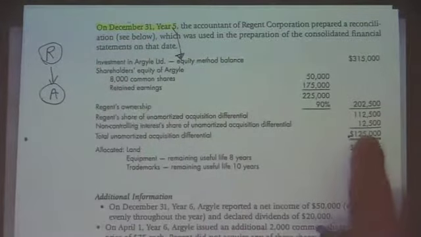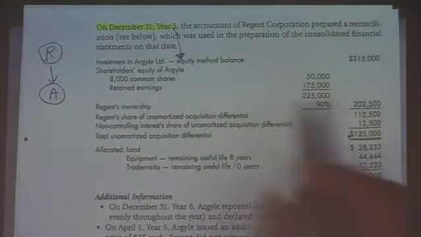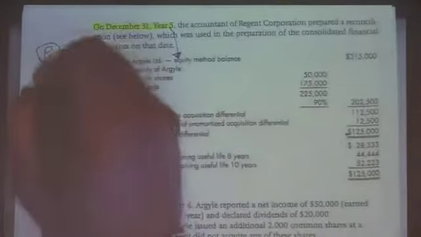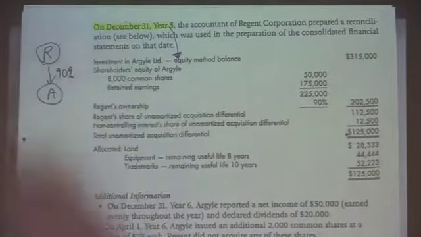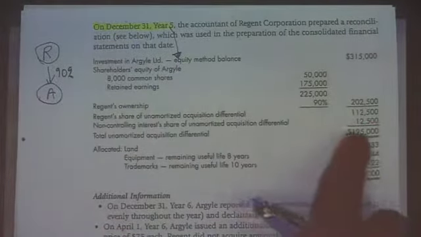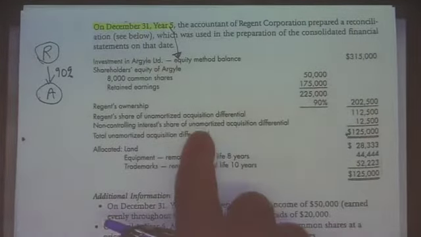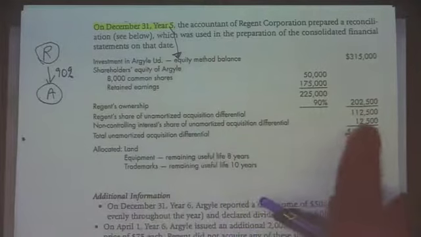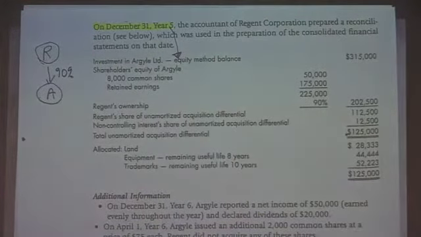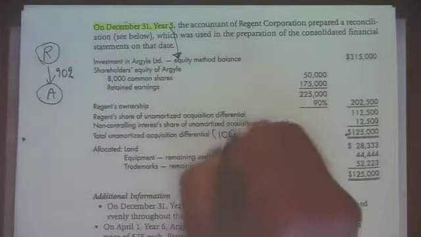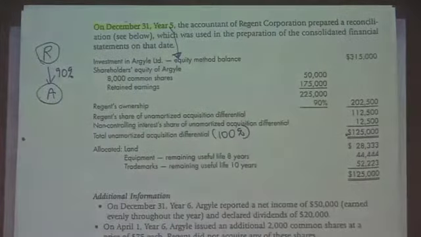And because that represents 90%, so we know that's a 90% ownership purchased, then that means that the non-controlling interest, unamortized, their proportionate share is 10%, and that's $12,500. So the total unamortized acquisition differential is $125.